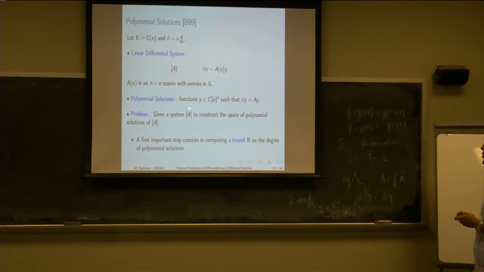So polynomial solutions are solutions with entries in C[x]. It's not necessarily the complex numbers, but to simplify things in this presentation, just take this. And we want to construct the space of polynomial solutions. And as explained, I need to find this bound n on the degree of polynomial solutions.